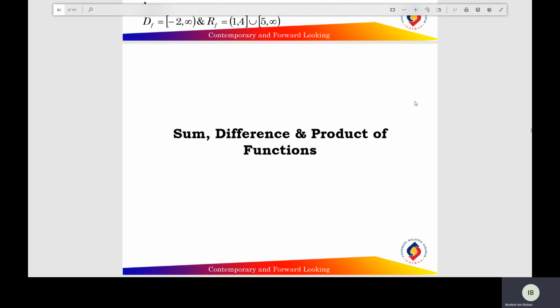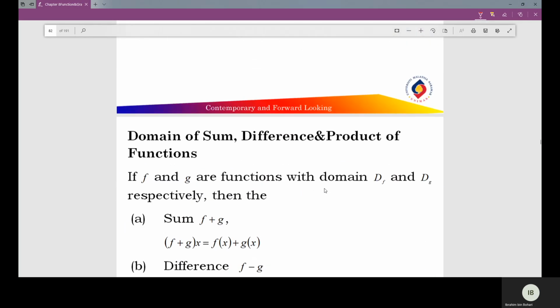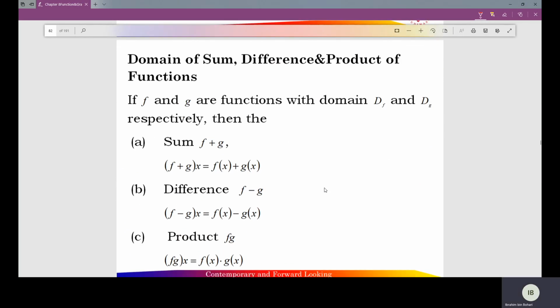Sum, difference, and products of functions. Okay, f(x) and g(x) are functions with the domains Df and Dg, and you find the sum of the functions. So (f plus g)(x) equals f(x) plus g(x).